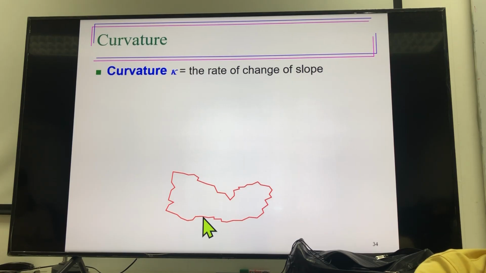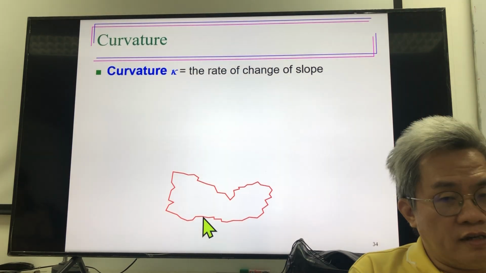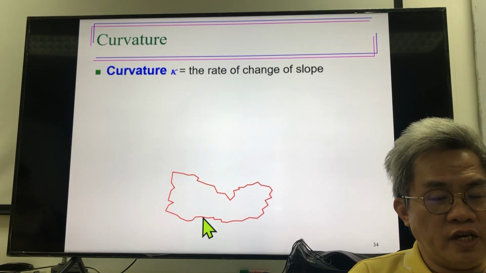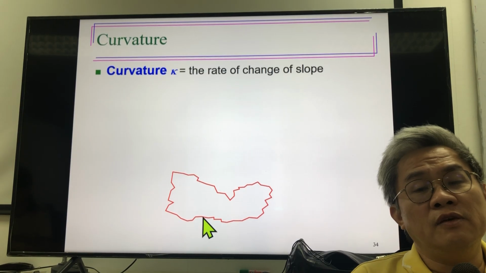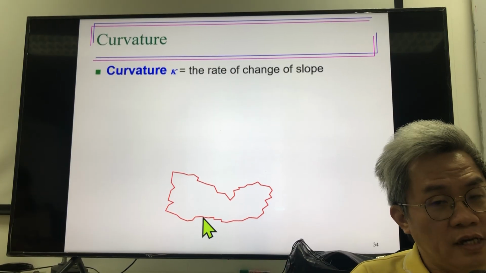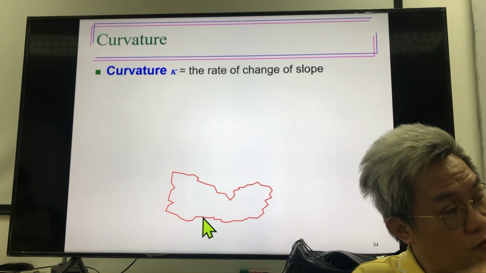Curvature. Curvature, kappa, is the rate of change of the slope of the boundary. So if you got the boundary, the slope itself is the first derivative. If you want the rate of change of the slope, it's basically the second derivative along the boundary.